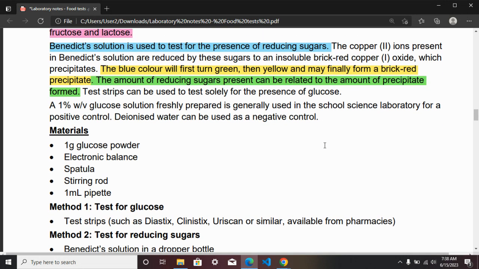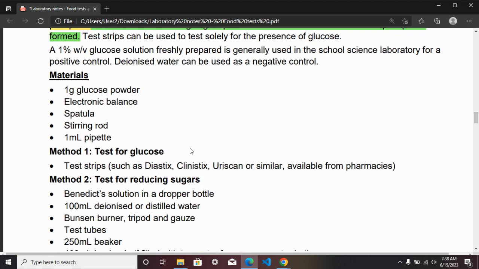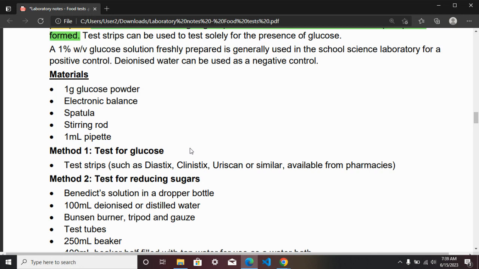Freshly prepared glucose solution is generally used in school science laboratories as a positive control, and deionized water can be used as a negative control.